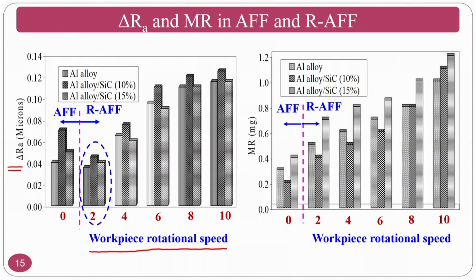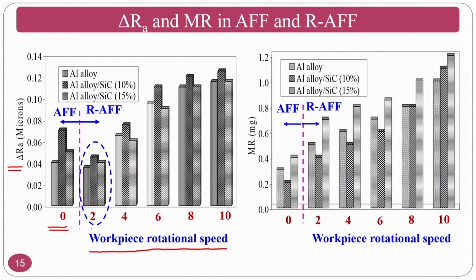But if you see here at 0 RPM, that means the abrasive flow finishing process, the change in Ra is higher compared to 2 RPM, but after 2 RPM it gradually increases, at 4 RPM it is matching, at 6 RPM it is increased.